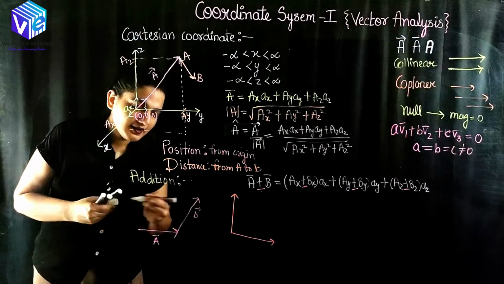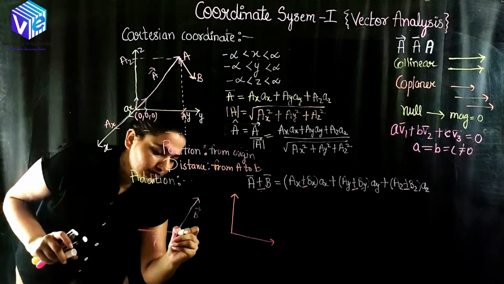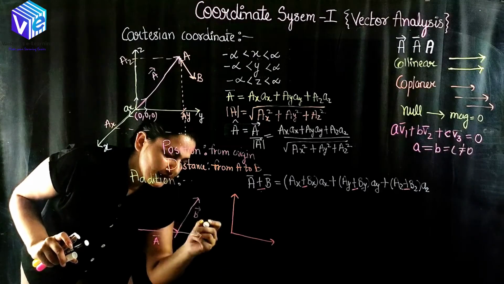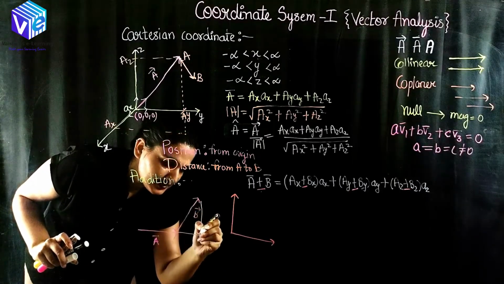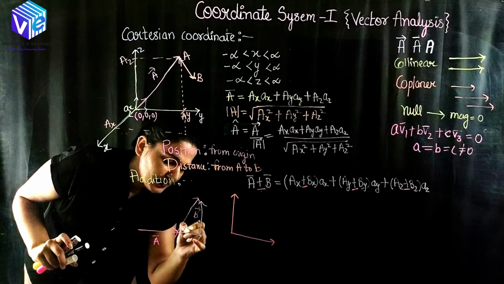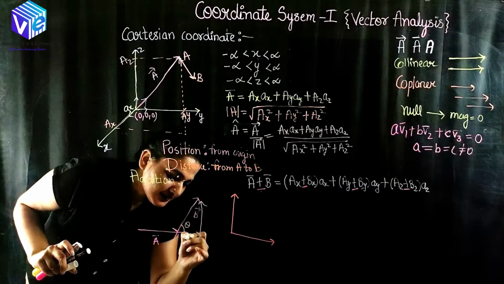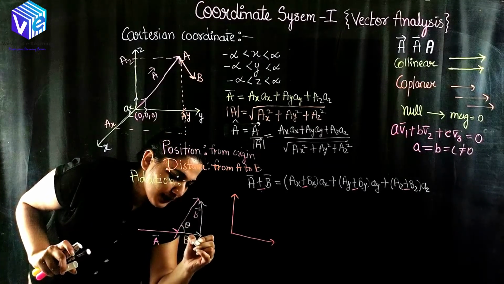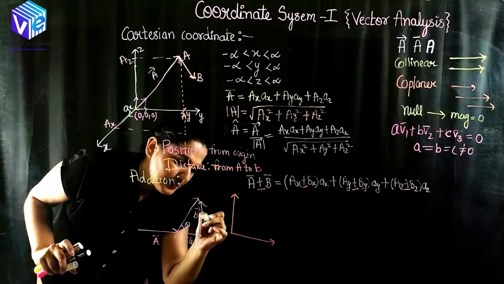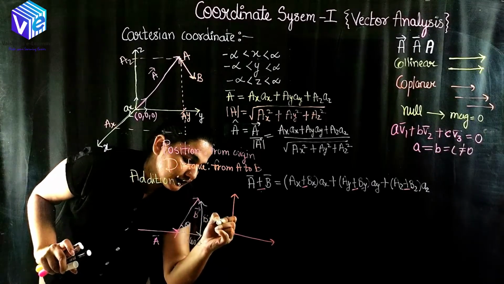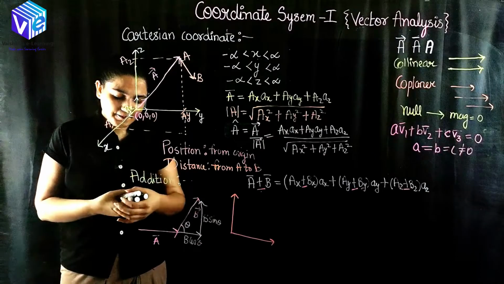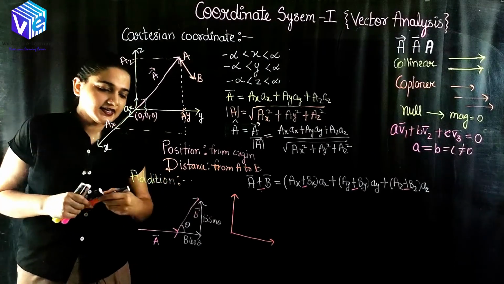Now we'll be using the triangular law, and we'll resolve it into components. If this is theta, this is the B cos theta component, and this is the B sin theta component. Okay, this thing should be clear. Now what is the resultant here?